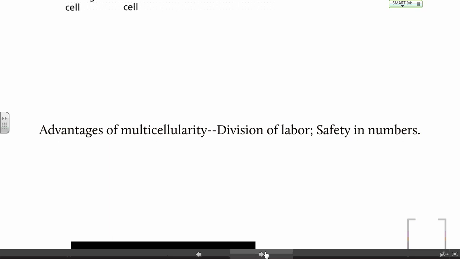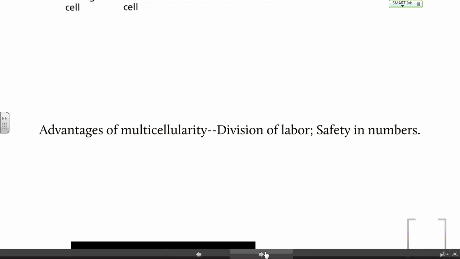Now remember that we have the advantages of being multicellular. Most protists don't. How many cells do you lose every day? Trillions. You lose trillions of cells every day. They die, they're broken down, and is that a big deal? No. So there's sort of safety in numbers.